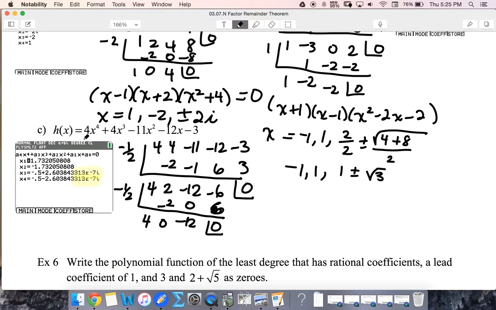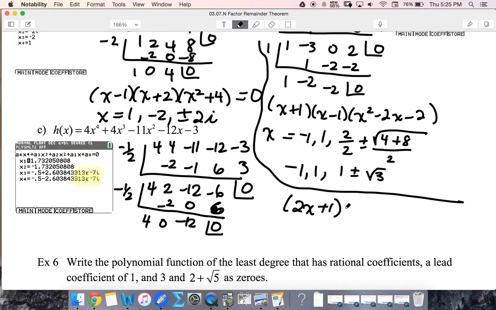But notice I start with 4x to the fourth. So I'm going to put in a divider line here. Instead of having x minus a half, we're actually going to have 2x plus 1, because it's negative a half, squared. And now I need to find my remainder.